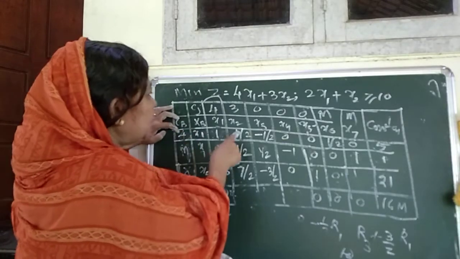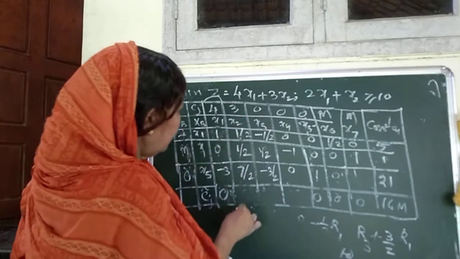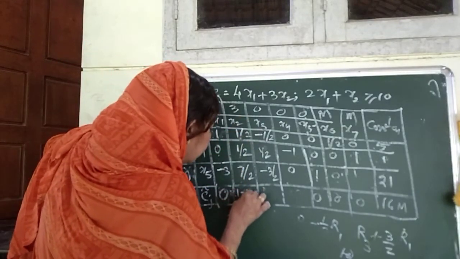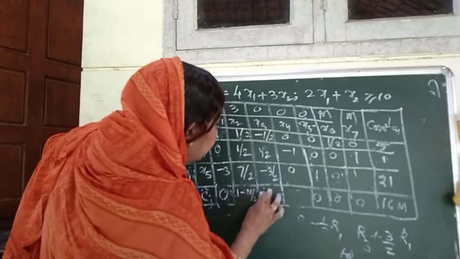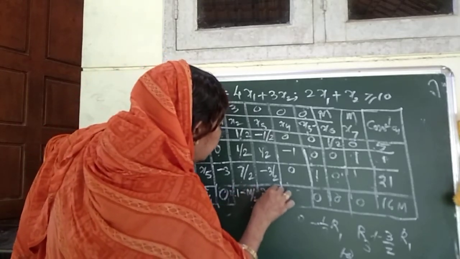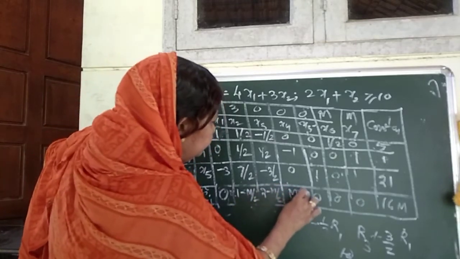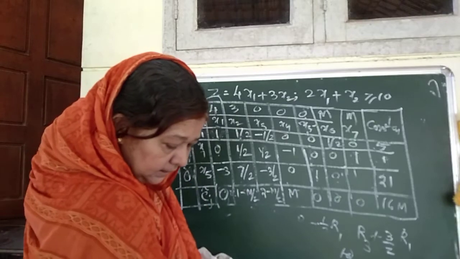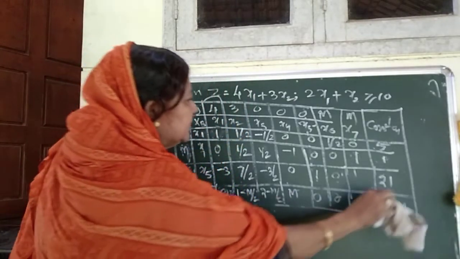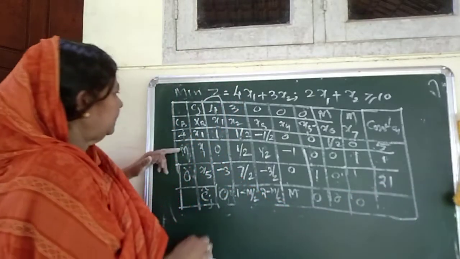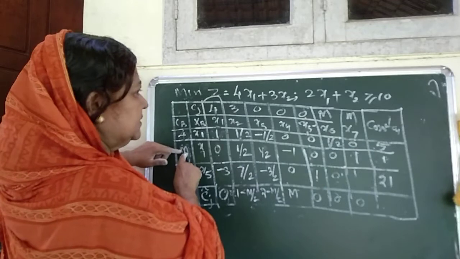So 4 into 1 by 2, 2. Then 3 minus 2, 1. So 1 minus m by 2. Similarly, here the cost is 2 minus m by 2. The other costs are m, 0, 0. Then the last is also changed. What is that value? We have 4 into 5, 20 plus m.